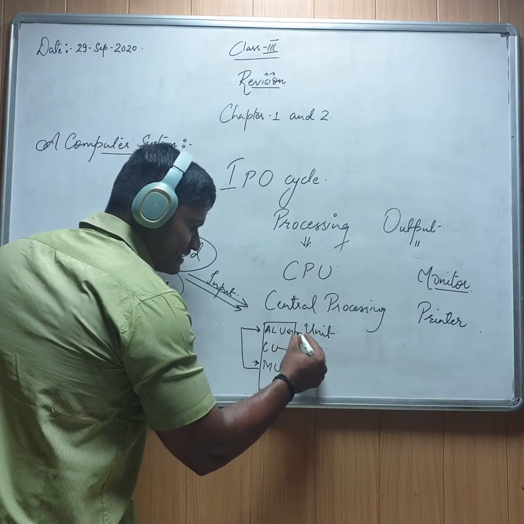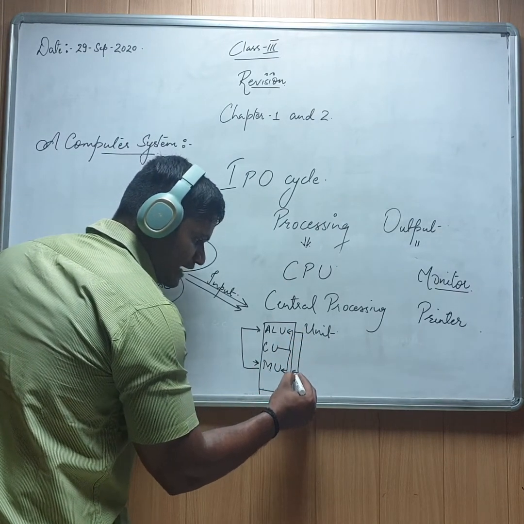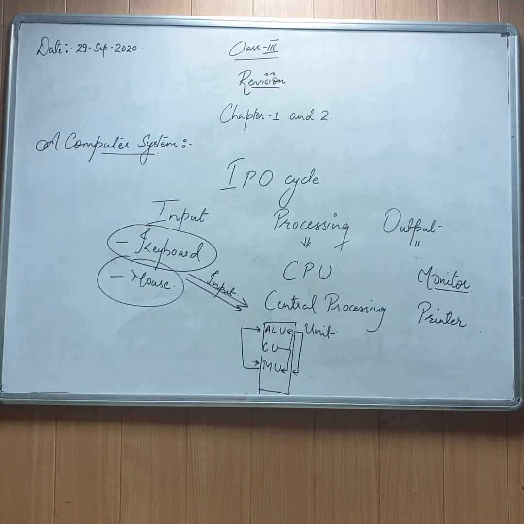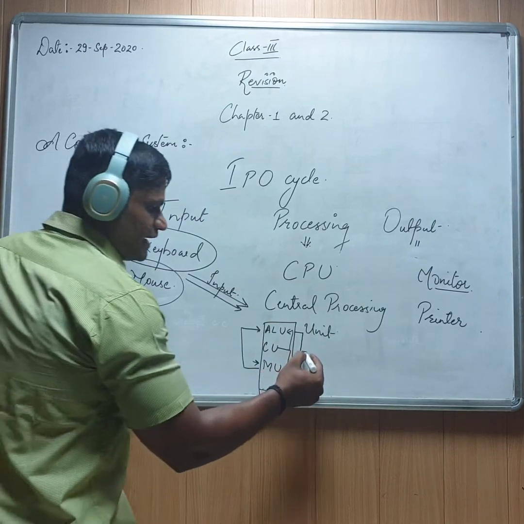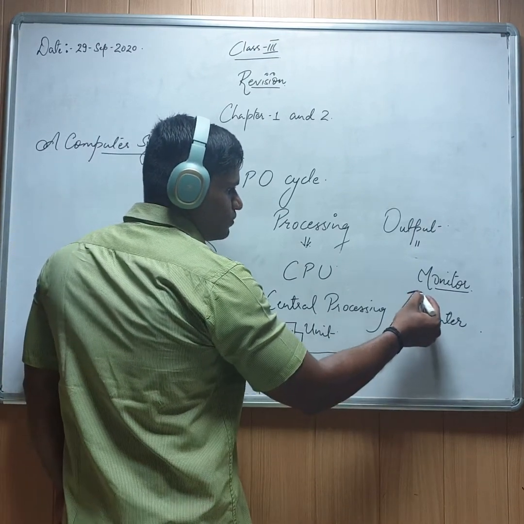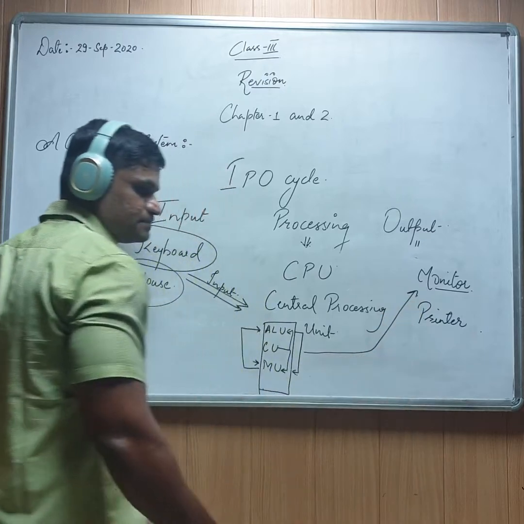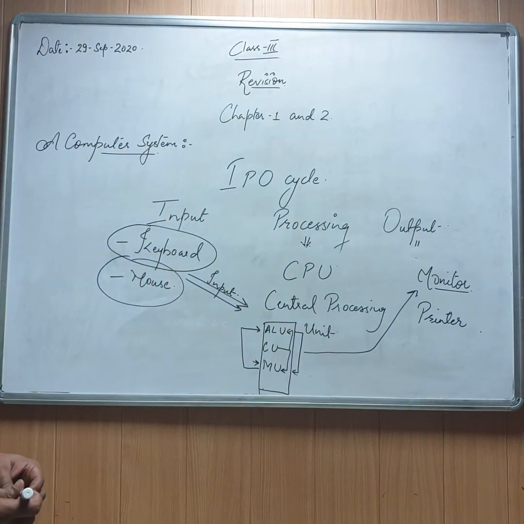Once it has processed, the result is stored again in the memory unit. Once the result is stored in the memory unit, it is supplied to the output device and displayed on the monitor.